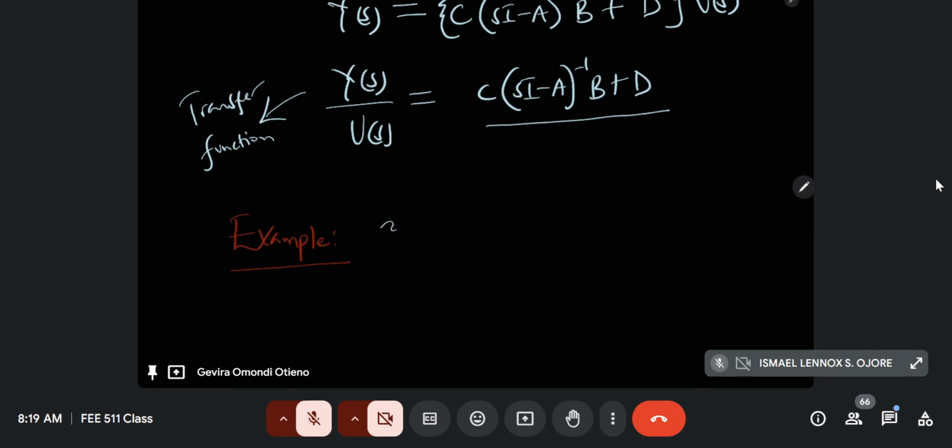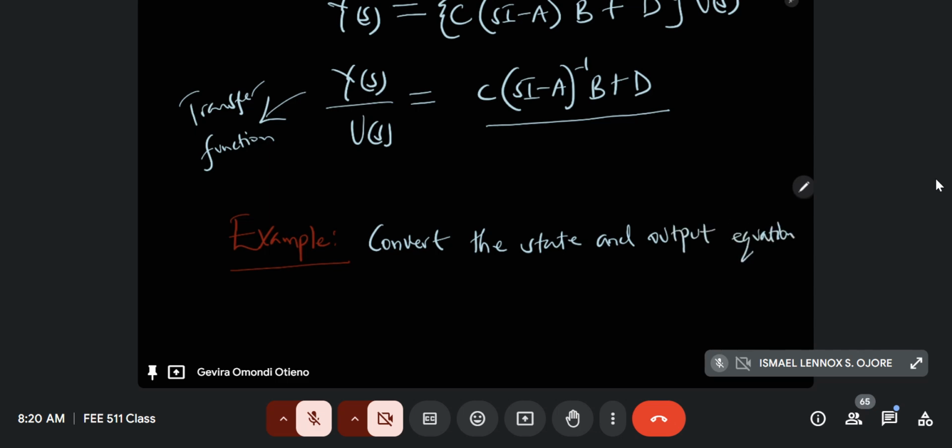Convert the state and output equations below to a transfer function. So basically, this will always be provided.